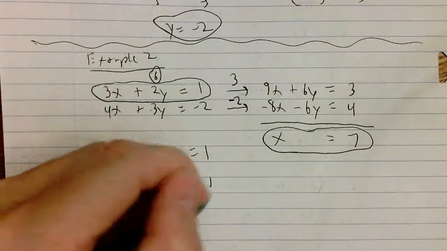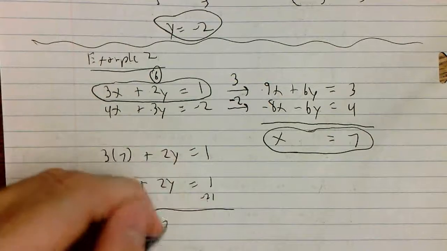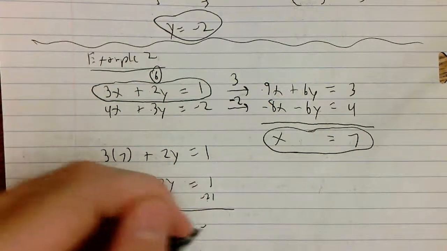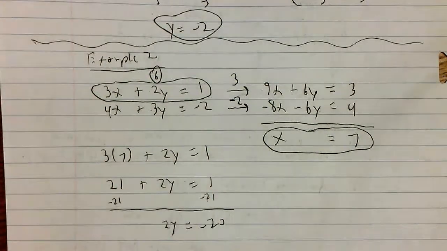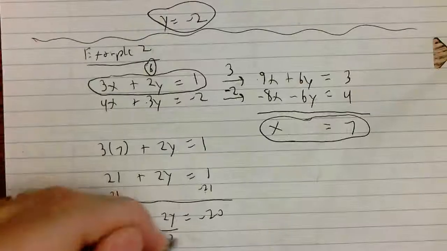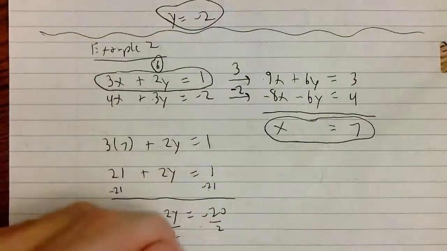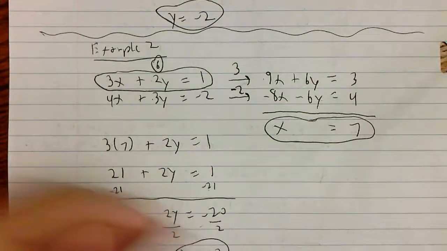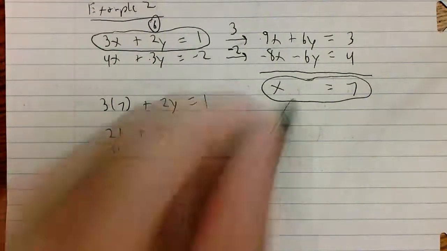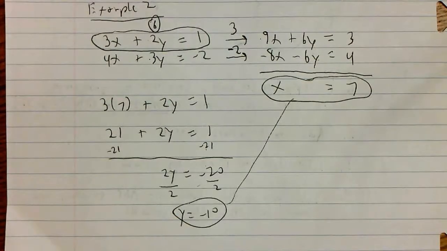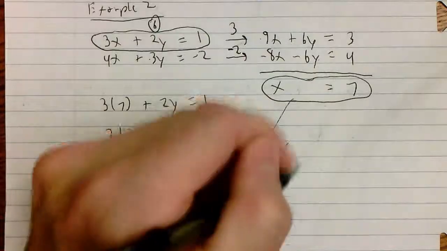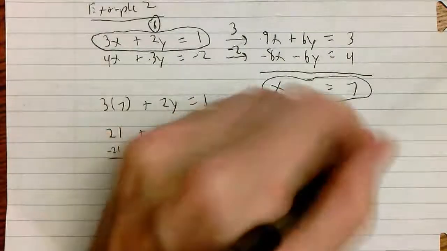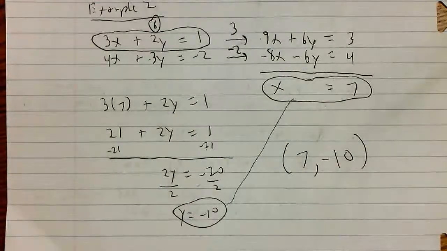I would subtract the 21 and get 2y equals negative 20. And finally, I would divide by 2 and get y equals negative 10. So again, I have found my solution. It's x equals 7, y equals negative 10, or as an ordered pair, 7, negative 10.